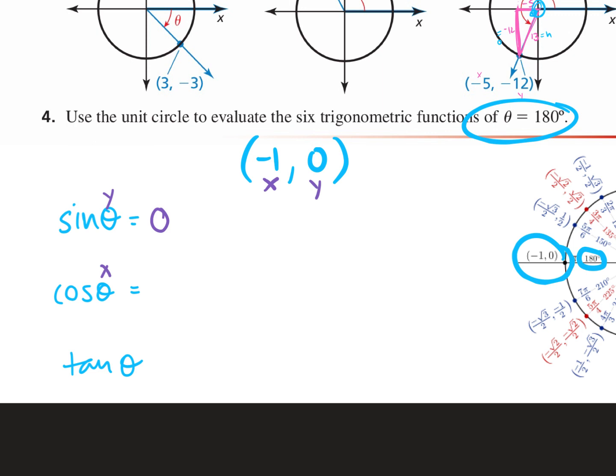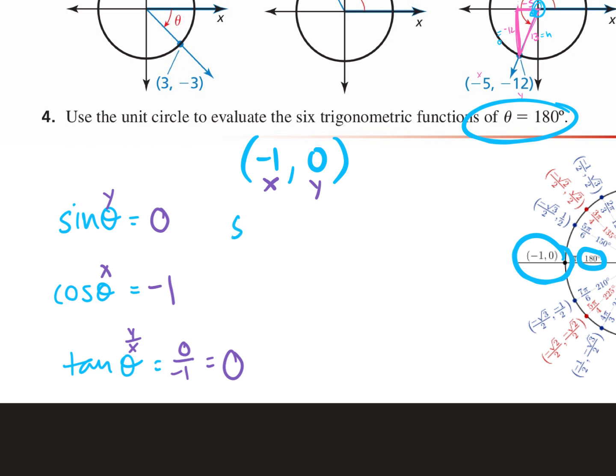What's our x value? Negative 1. Tangent, what are we looking at? Y over x. So that would be 0 over negative 1. What's 0 over negative 1? 0. Perfect. We can have 0 on the top. You just can't have it on the bottom. So it simplifies to 0.